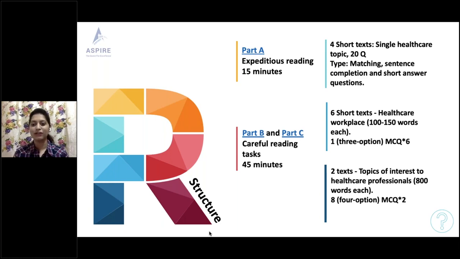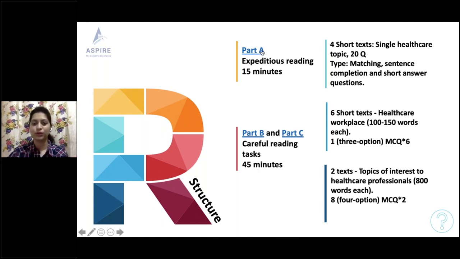It will have 4 short texts, comprising a single healthcare topic, and you will have 20 questions that follow. Part A is the one that will have a diversity of questions. For example, match the paragraph to the question, sentence completion, short answer questions, single word answers, and all of that.